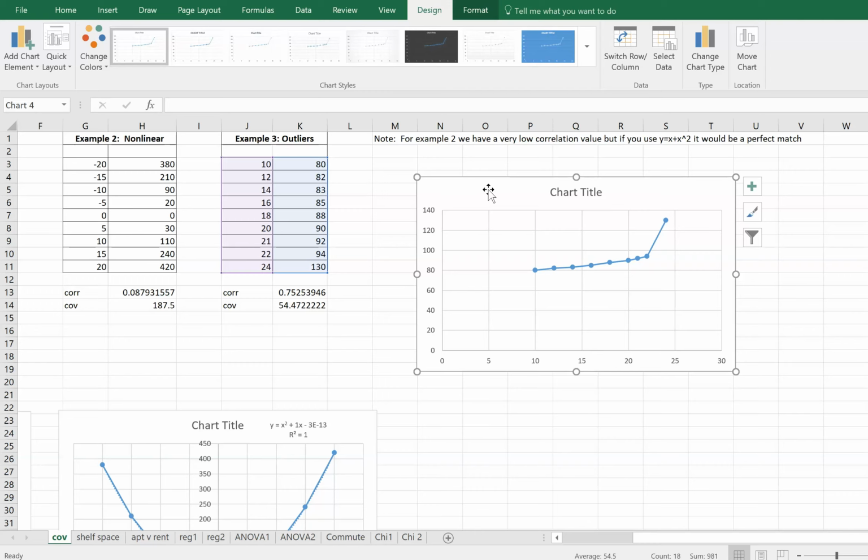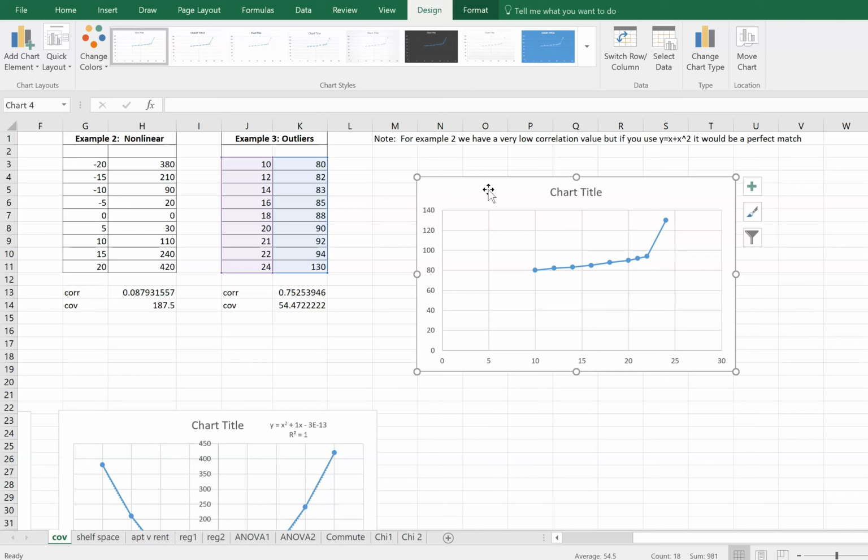Please notice my graph takes a major right-hand turn, a vertical turn at the last point. Some would think that's an outlier. And so we could look into whether it's an outlier utilizing Cook's distance, again, an advanced feature, but we have ways of investigating outliers in scatter plots. Please look up Cook's distance if you want to do that in my advanced feature videos. Right now, I'm just looking at correlation and covariance.